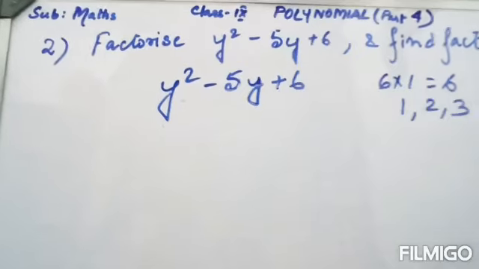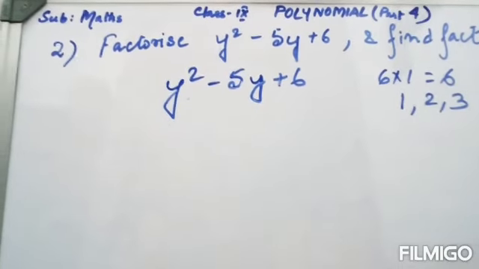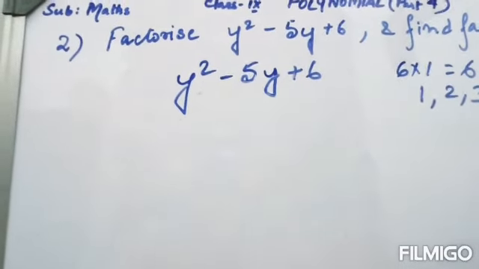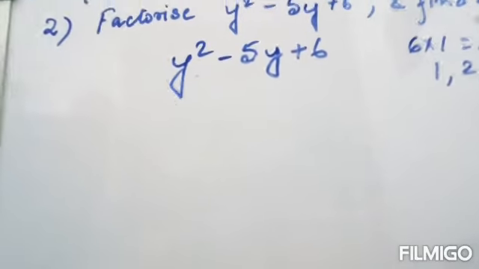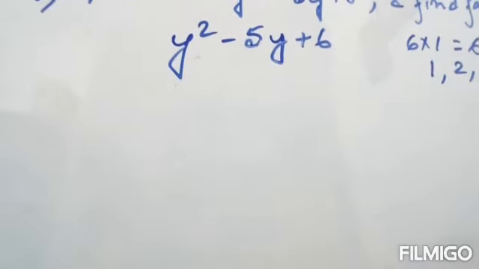Next, in the trial and error method, what we do is we find the ratio, or we take it as a ratio.